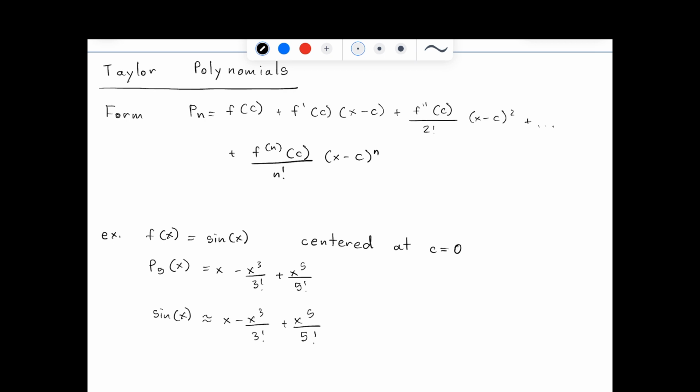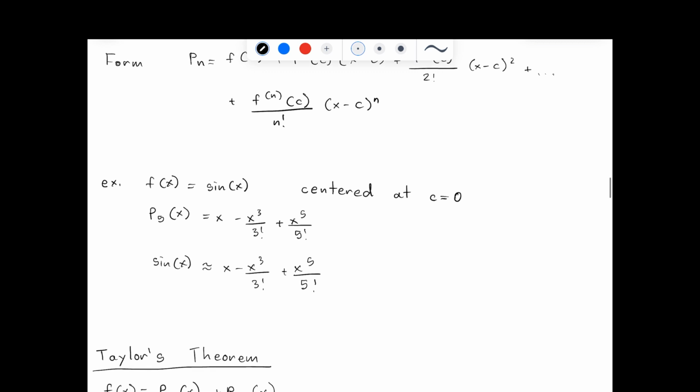So as an example, if we consider f of x is sine x, we can take the derivatives. So if we have f of x equals sine x, then we have f prime of x, the first derivative, is cosine of x.